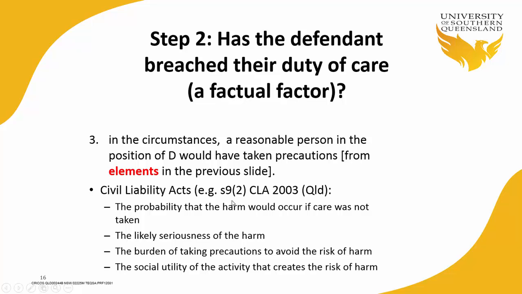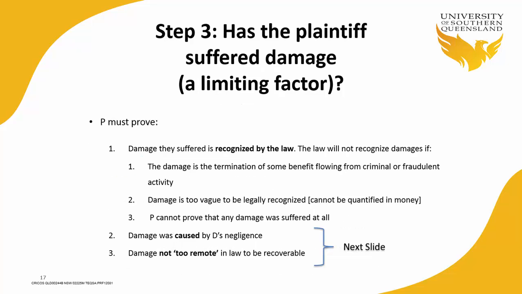So we talked about the Civil Liability Acts. I think we've talked about Section 9 as well, so we'll leave it there and proceed to the third step, which is causation. Note that the law is not going to recognize damages if the damage is the deprivation of some benefit flowing from criminal or fraudulent activity.